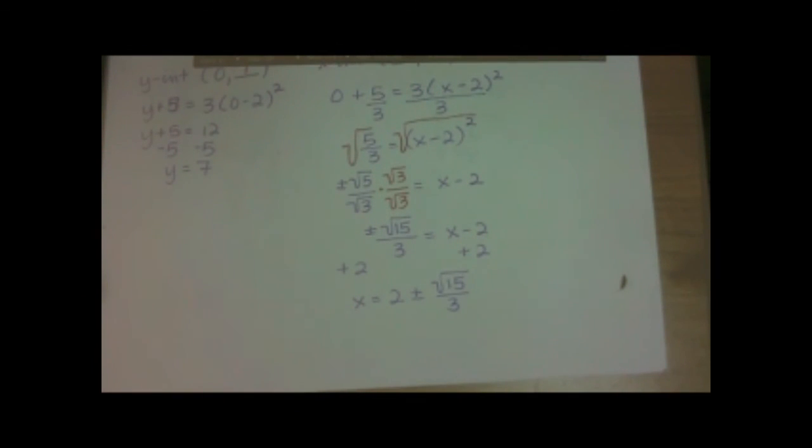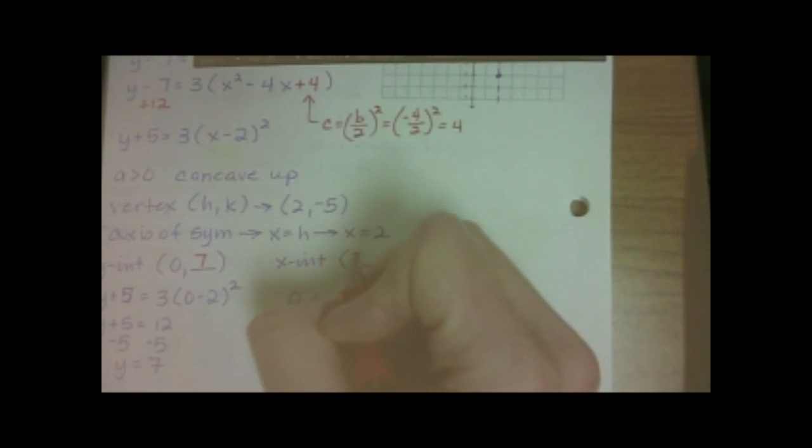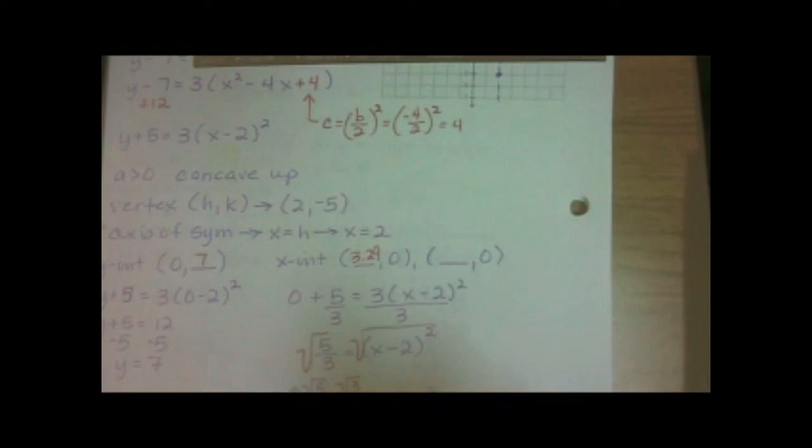So now I just need to put this into my calculator. 2 plus, remember the parentheses, square root of 15 divided by 3, parentheses, 3.29. So let's go back up here, and we've got 3.29 as one of our x-intercepts.